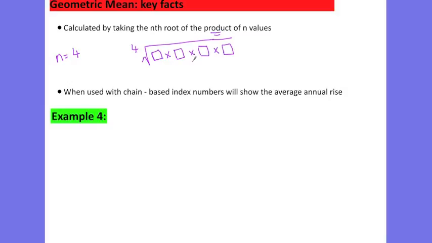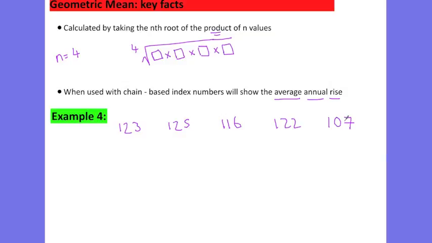When used with chain-based index numbers, you need to be aware that it will show the average annual rise. So if we take a look at the chain-based index numbers from the previous example, we had 123, 125, 116, 122, and 107.